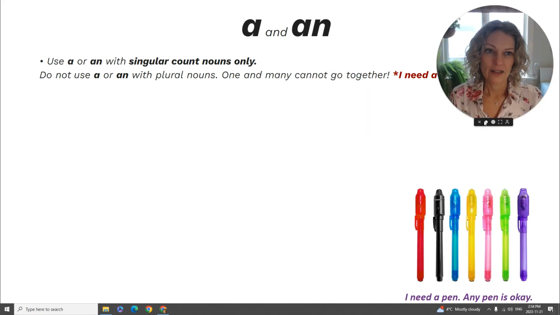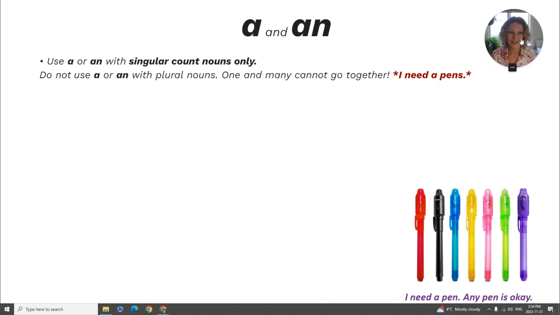So let's get into a little bit more detail about a and an. Do not use a or an with plural nouns. So the word a comes from an old German word for one. So keep that in mind when you're trying to decide whether or not to use a or an.